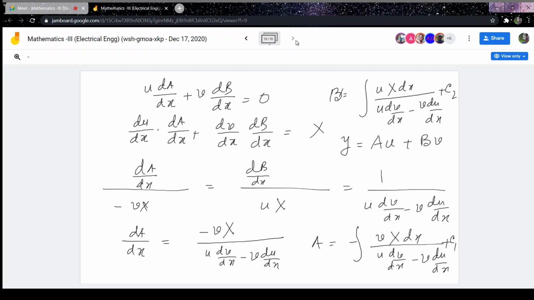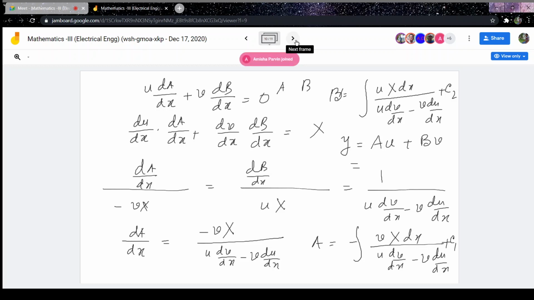I will put the values of A and B here, and we already know our U and V, so I will get the solution. This is called the method of variation of parameters, because I am varying these two parameters. These are not constants, we are varying these parameters and we will get the solutions.